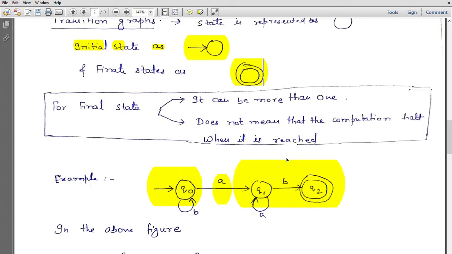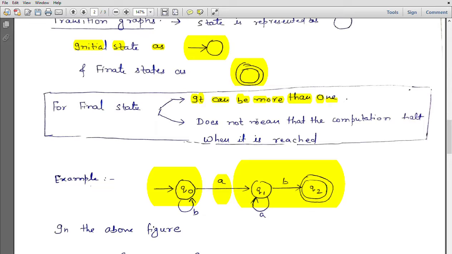The vertex having an arrow in the left side is the initial state, and final states will be represented by two circles. Okay, we have already discussed this, that the final state can be more than one. And also note one point, that the computation means the finite automata does not necessarily halt when it reaches the final state.